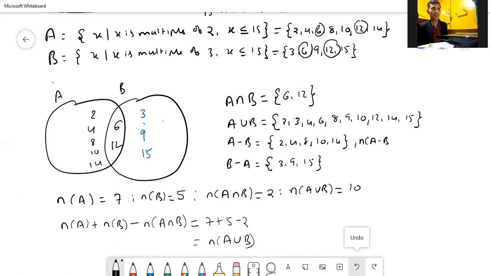From the number of elements in A, that is 7, you have to reduce these common elements. 5 you will get. Similarly, B minus A: from the number of elements in B, that is 5, you have to reduce the common elements, so 3 will be there. Only 3 multiples are there. This will help you solve word problems.